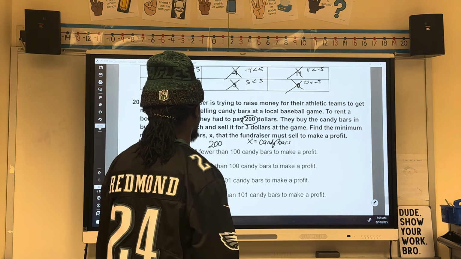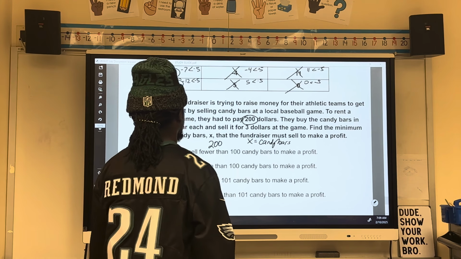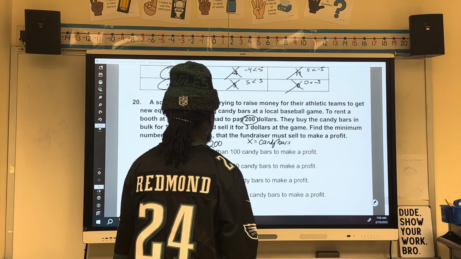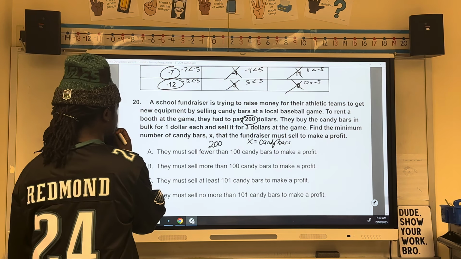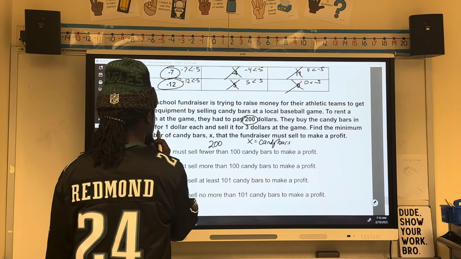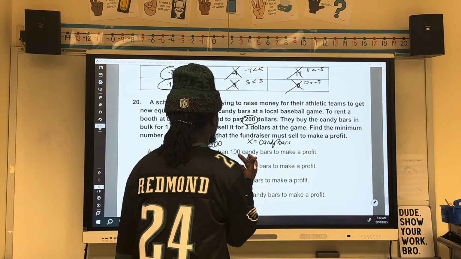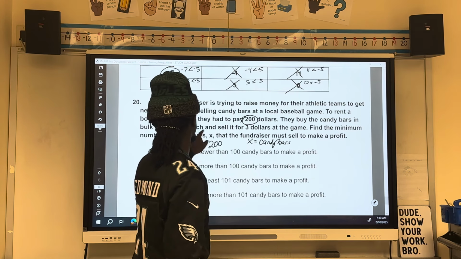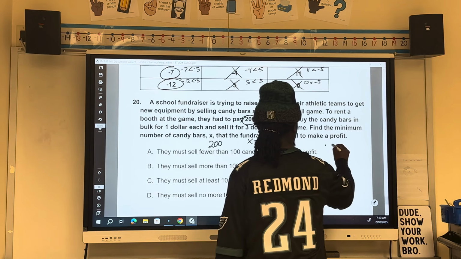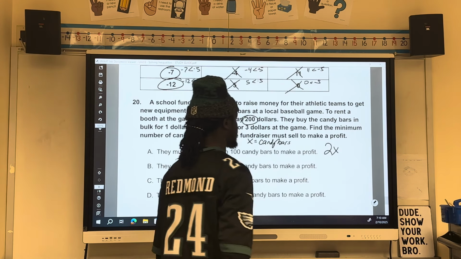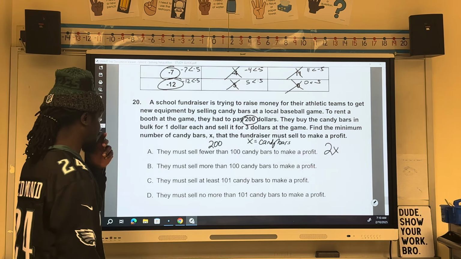So they are trying to make more than $200. Well, for each candy bar, they're going to make $2, right? Because they bought it for $1 and they sell it for $3. So for each candy bar, they're going to get $2. So 2 times x.